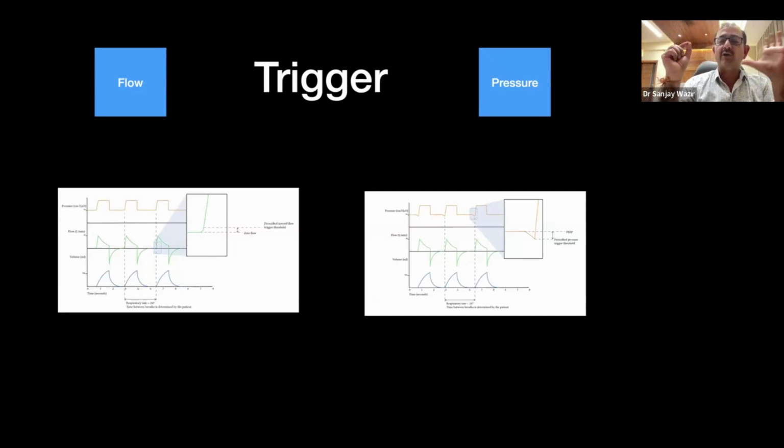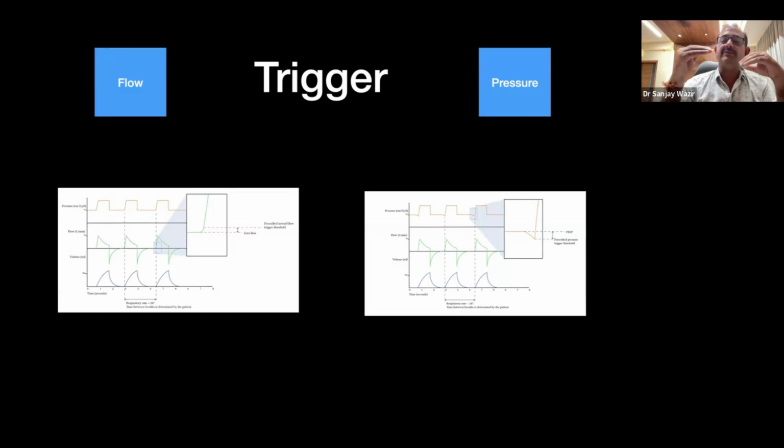The ventilator does not know whether the baby has actually taken a breath. On the contrary, if the baby breathes in 0.5 ml and the trigger is set at 0.5, the ventilator now knows that the baby has taken a breath and it is time for it to start the breath. With this, the baby's breath can coincide with the ventilator breath.